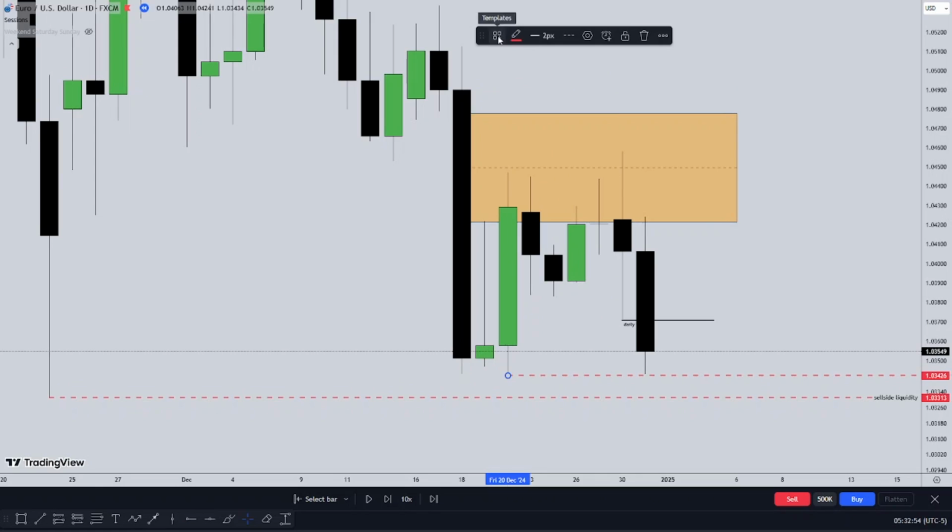Sell side liquidity. We're going to look for price to trade to the sell side liquidity. Now, in this daily time frame, we are anticipating a down close candle, which you can clearly see is a down close candle. I just wanted you guys to see it beforehand while I'm pointing it out. We're looking for a down close candle.